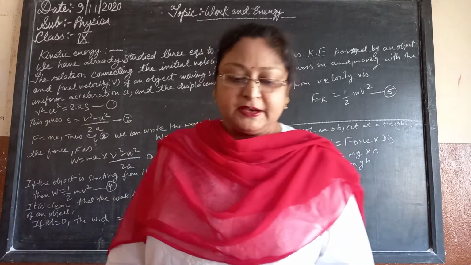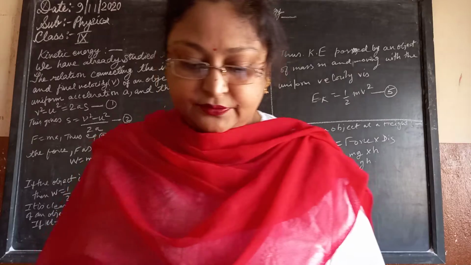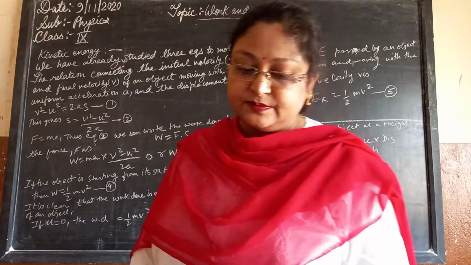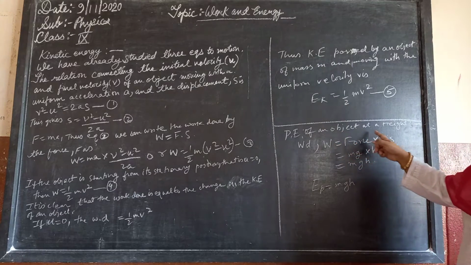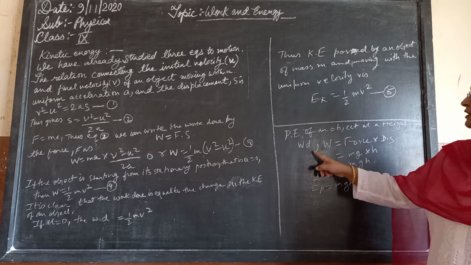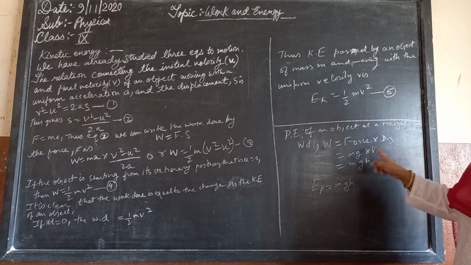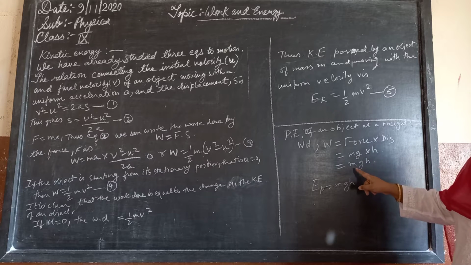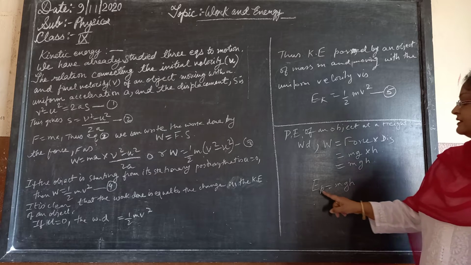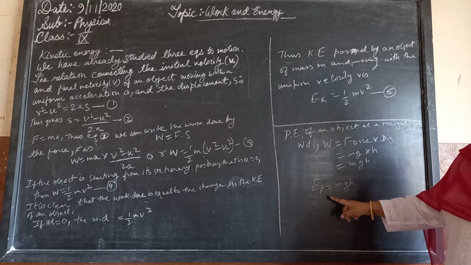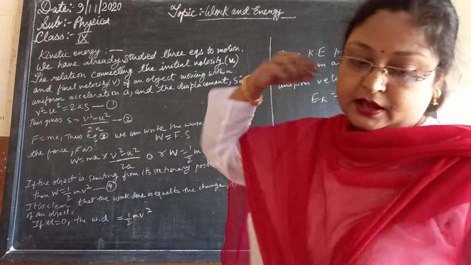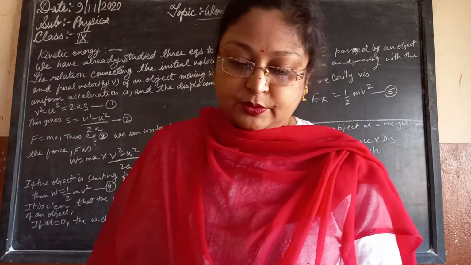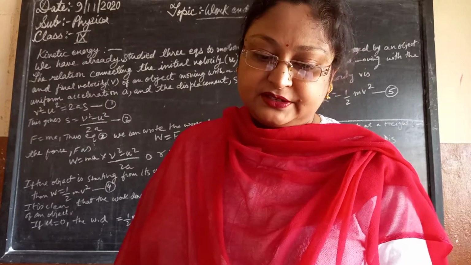Depending on that, the work done is equal to force into displacement. The potential energy of an object at a height is equal to the work done, that is W is equal to force into displacement. Force will be mg and h is the displacement, so the total value will be mgh, where Ep, the potential energy, is equal to mgh.